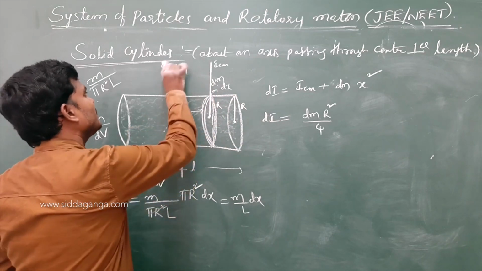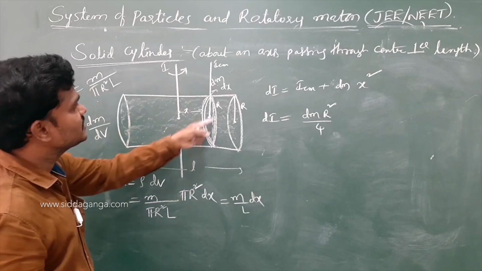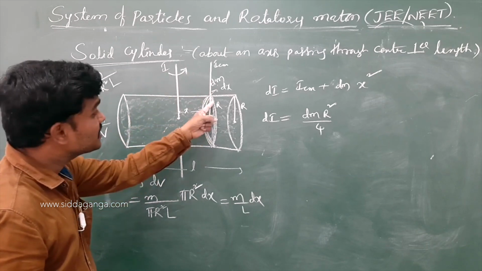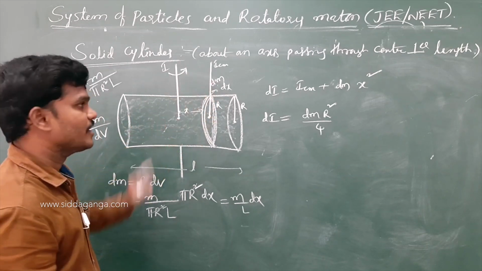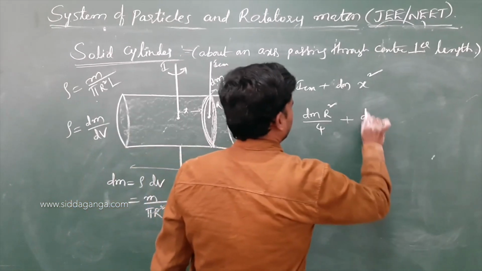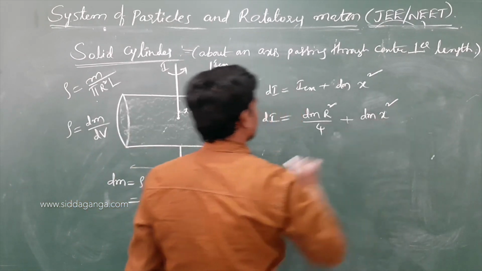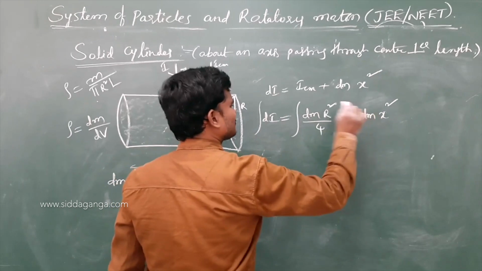Our target is to find this one. I is equal to ICM plus m x square, m being dm. So dm x square. Apply the integration.